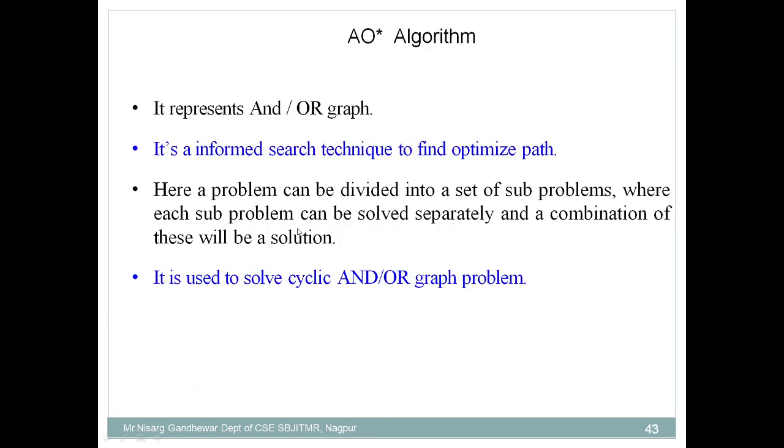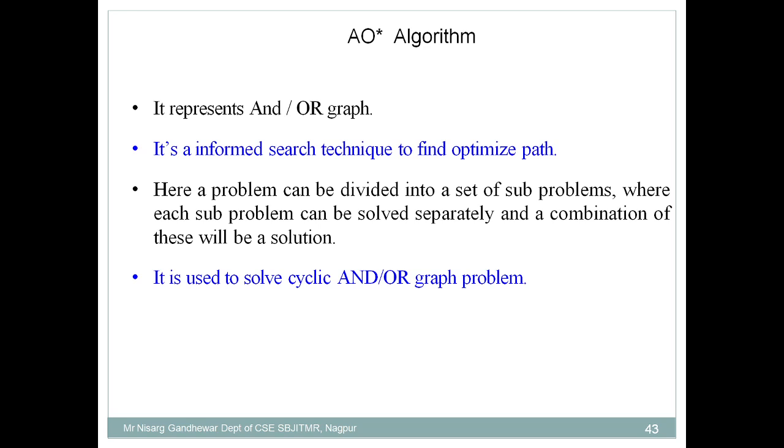Now next we'll discuss more about AO-star algorithm. AO-star represents AND OR graph. It is also an informed search technique to find the optimized path. In case of AO-star algorithm, we are dividing each problem into a set of subproblems, and each subproblem is solved separately, and the combination of all these solved problems forms a solution for us.